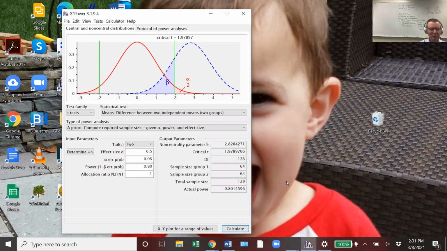And you wouldn't be able to get it past reviewers. If I was a reviewer and someone had this kind of power calculation, I'd want to have real solid evidence that this intervention could actually generate such a whopping difference between treatment and control groups.